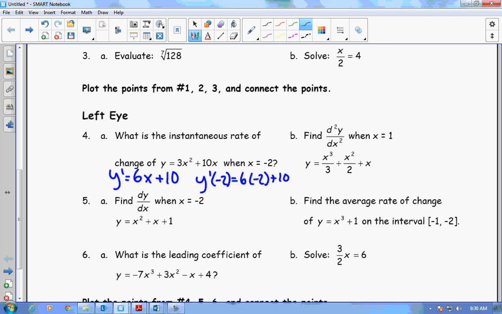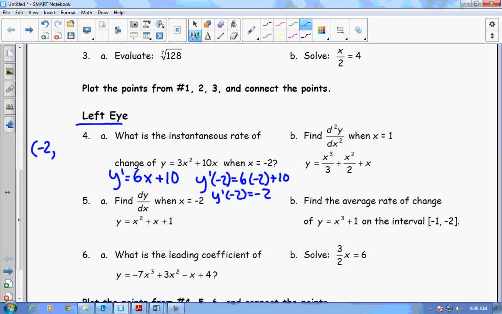Okay, so what is the instantaneous rate of change at x equals negative 2? Negative 2. Okay, so for our left eye, the first point has an x-coordinate of negative 2. What does this fraction mean on part B?